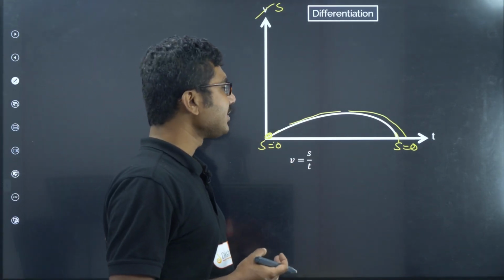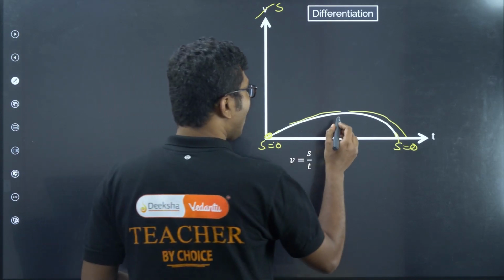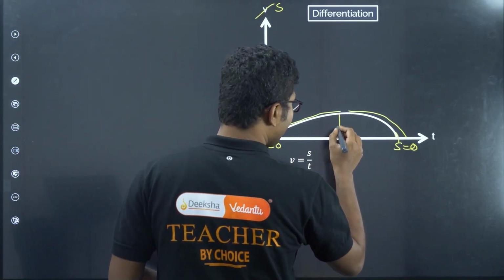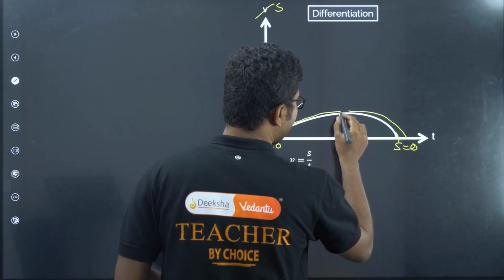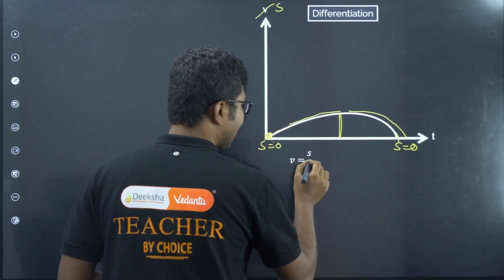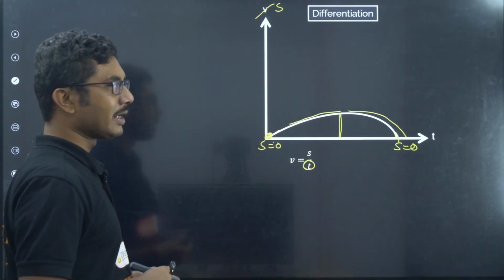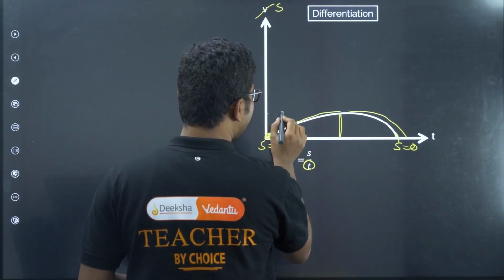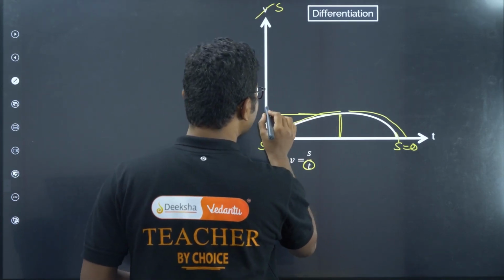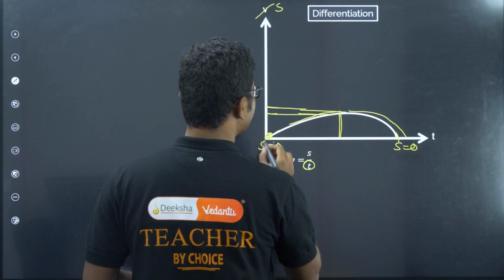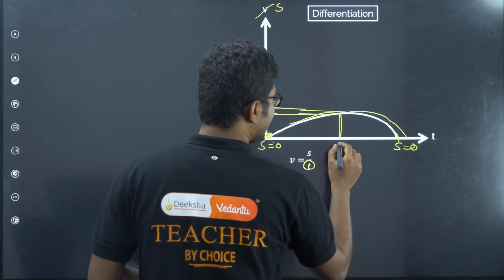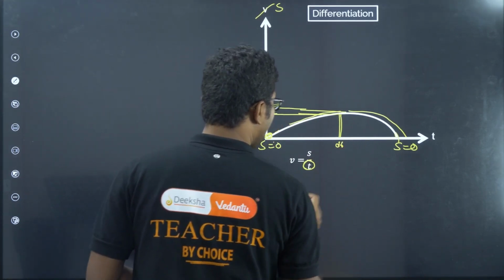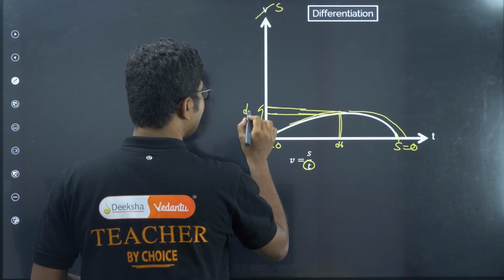Now what is differentiation? Differentiation is where we take one quantity over a small interval. For example, here we are taking t, because it is in the denominator. We take this small value of t, and in that time we see how the value of s has changed. We call this dt and we call this ds.